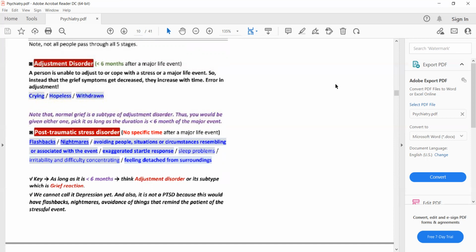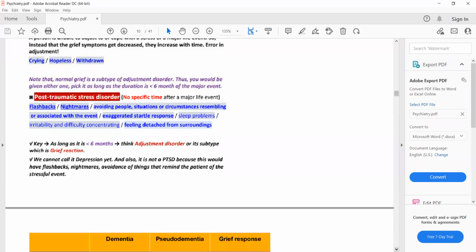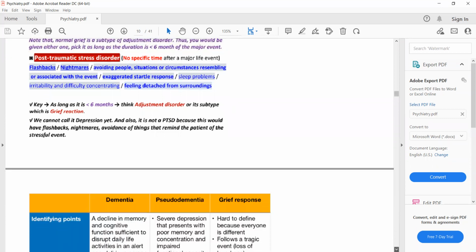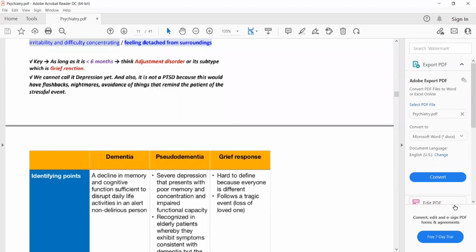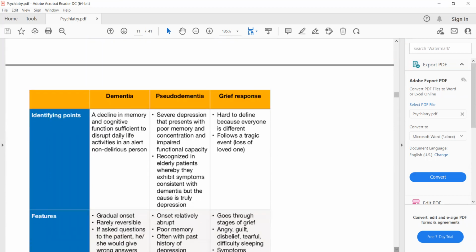While if the duration is more than 6 months, then we'll label it as depression. And we all know that depression can lead to pseudo dementia.